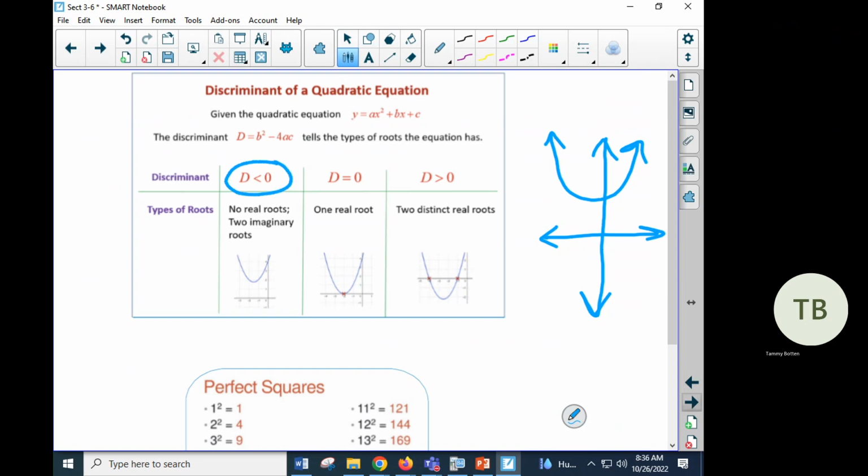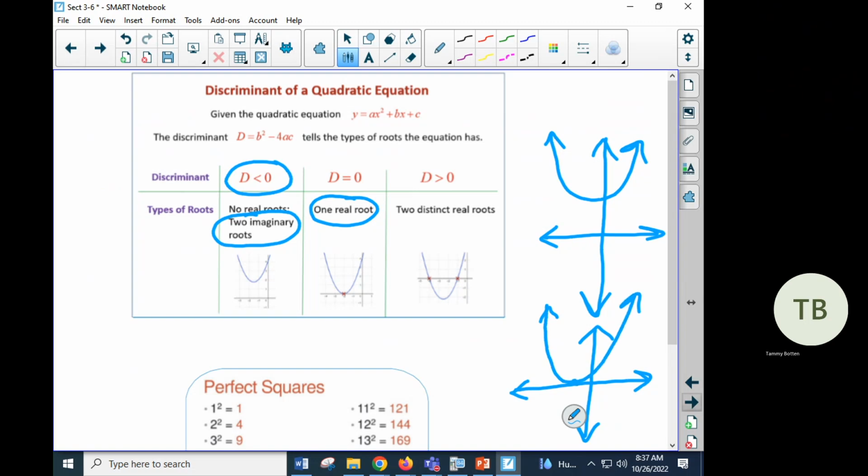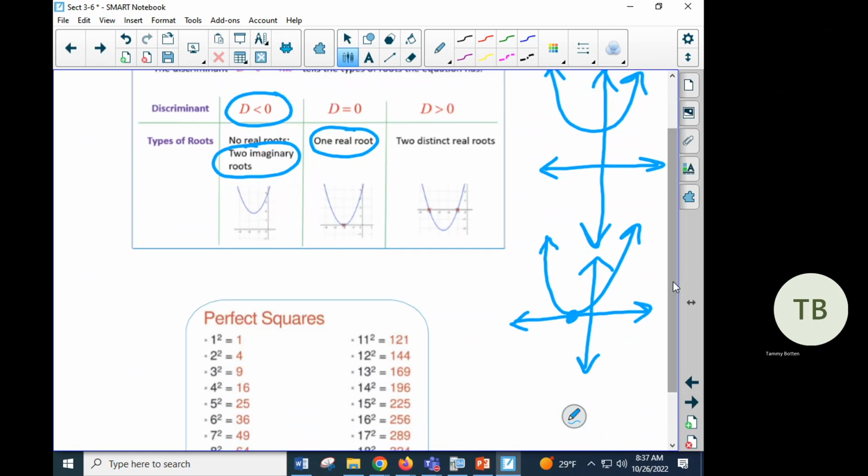If your discriminant is less than 0, you're going to have 2 imaginary roots. If your discriminant is 0, you're going to have 1 real root. And what that would look like is when it was graphed, it would touch the x-axis 1 time. And then if your discriminant is greater than 0, it crosses the x-axis twice, and that's going to be 2 real roots.